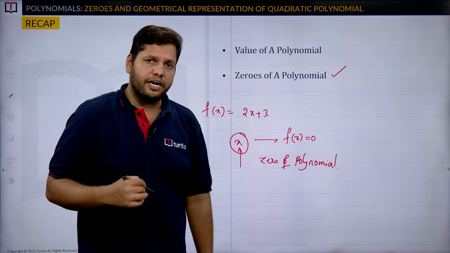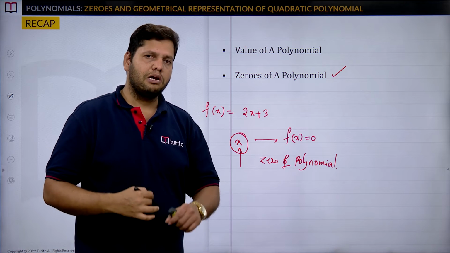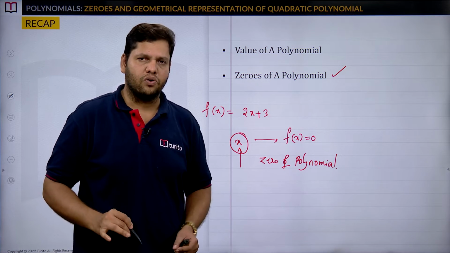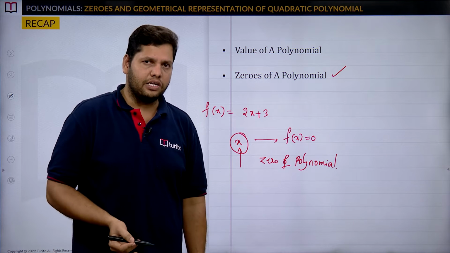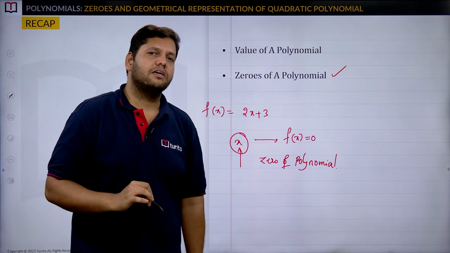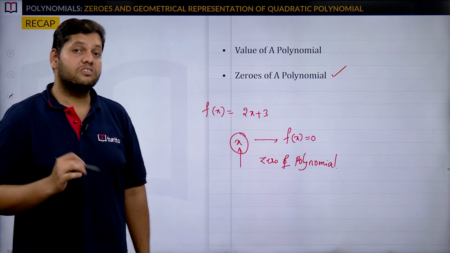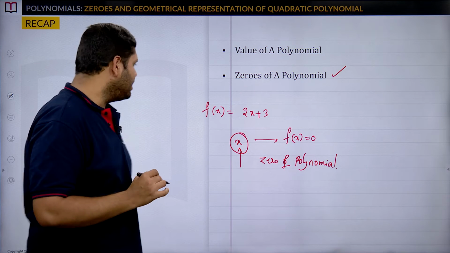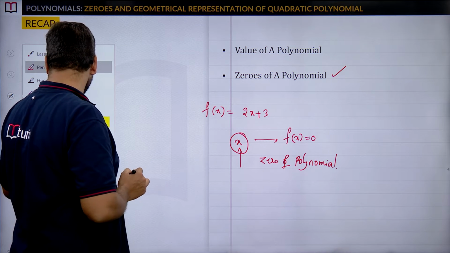After substituting, if the value of the polynomial expression is 0, then that particular x value we can say is a zero of that polynomial. Clear, children?